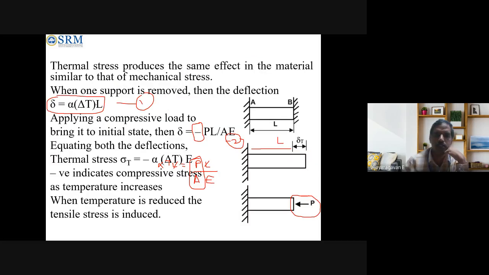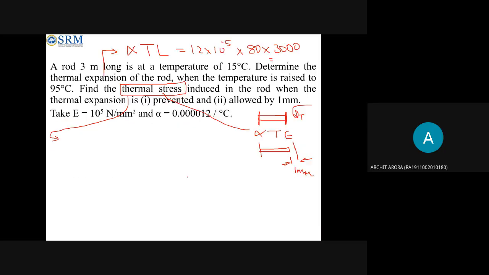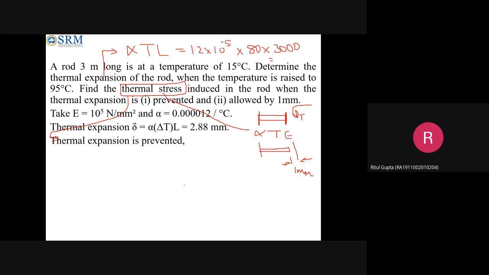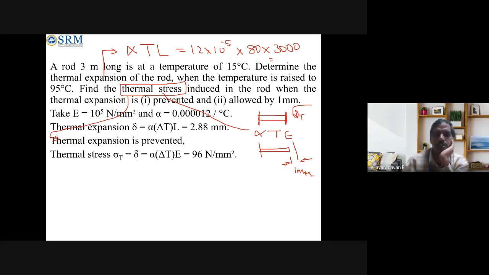So thermal stress is equal to alpha T into E, that is 96 Newton per mm square. Someone has given the answer. That's right. So that completes this part.